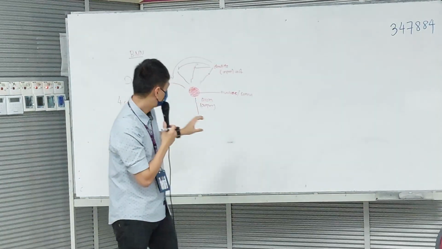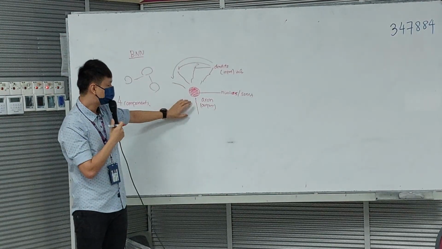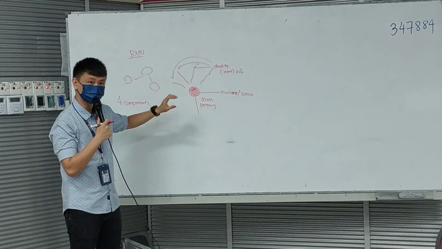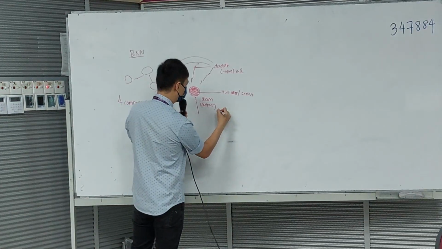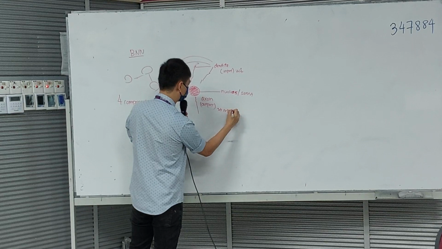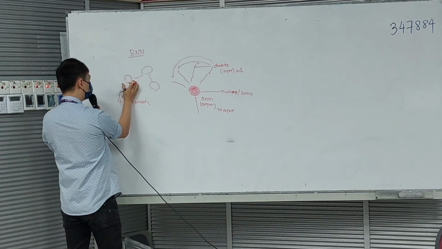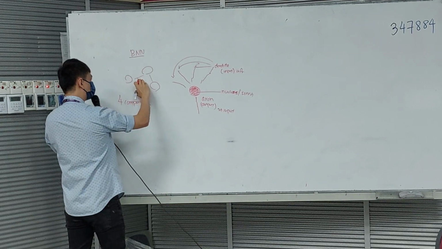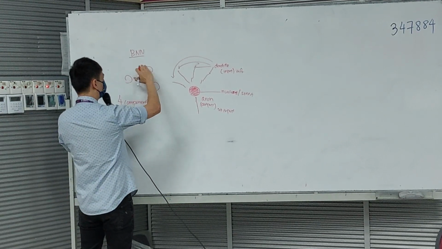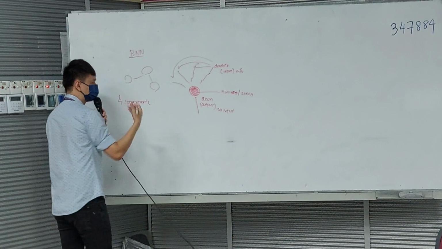Once generated, this output could be your final decision, or it can be used as the input for another neuron. Remember, come back to here: we have a nucleus, we process the input, we generate the output. Maybe the output will now become the input to go through another nucleus for further processing.